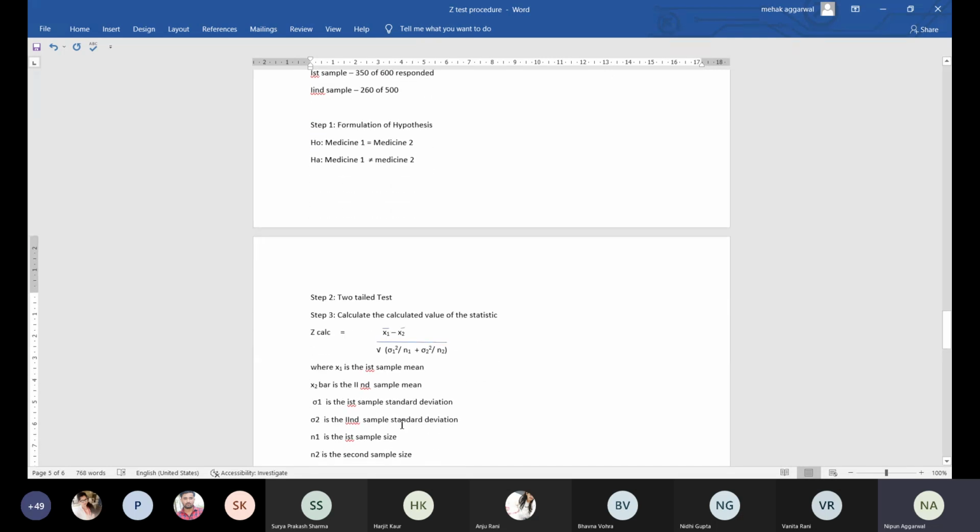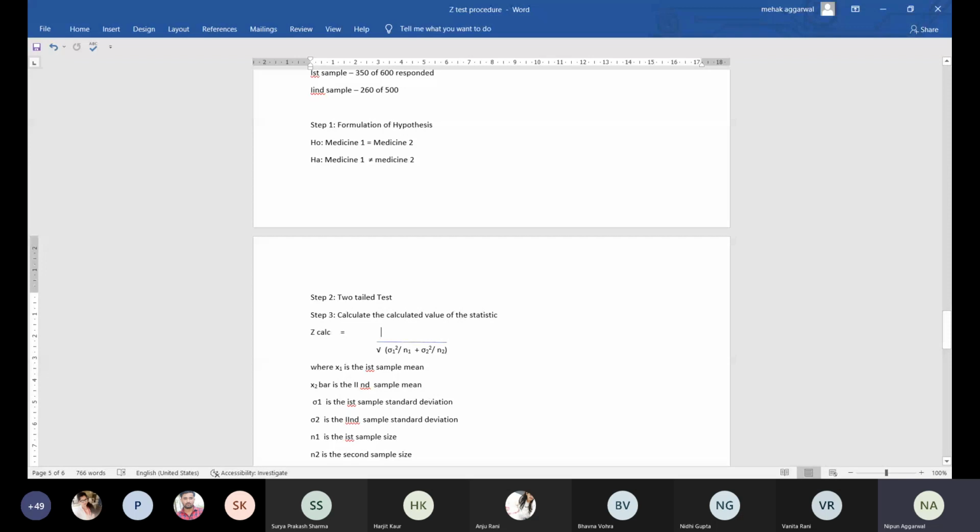Now we have the calculated value of the statistic. The formula for the calculated value for 2 sample proportion is, so write down the formula for the 2 sample proportion.